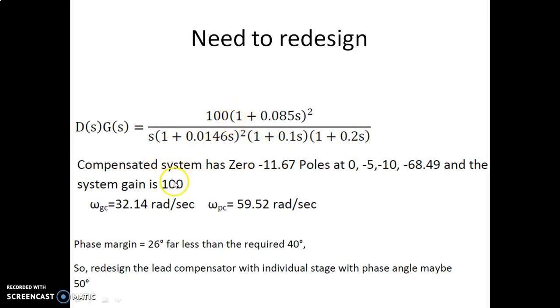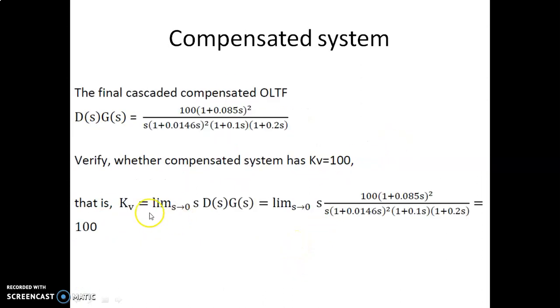The system gain is 100 here. The omega GC and omega PC will result in a phase margin of 26 degrees, which is rather less than the required 40 degree phase margin. We may have to slightly redesign the entire process because we are not meeting the requirement of phase margin, even though Kv is met as 100.